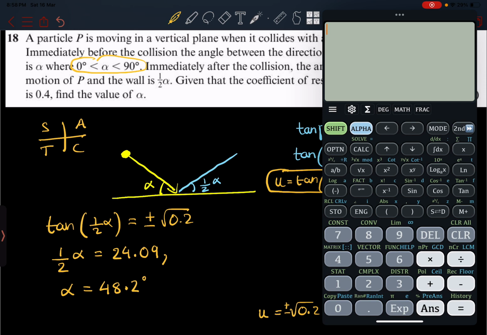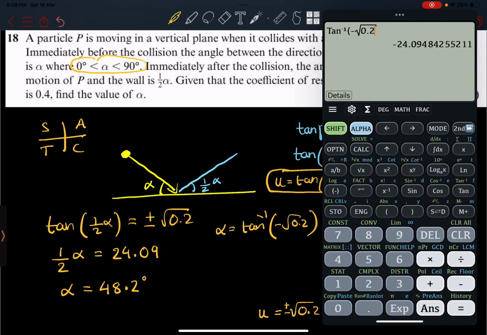So this is when I use the positive square root. Now if I use the inverse tan of the negative square root 0.2, that is negative 24.09, which also doesn't really help us because that's not between 0 and 90 degrees.